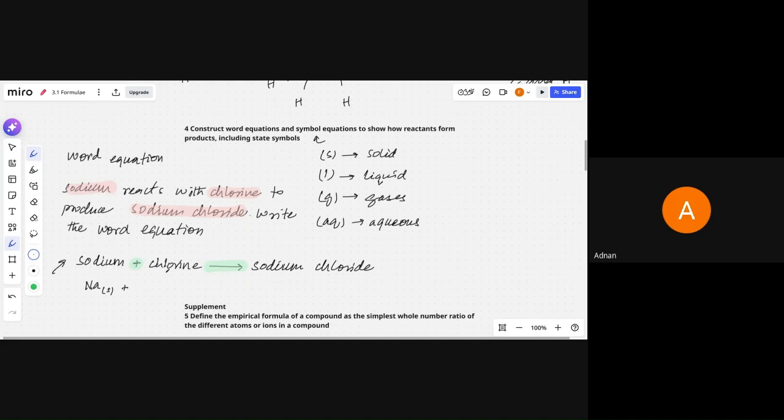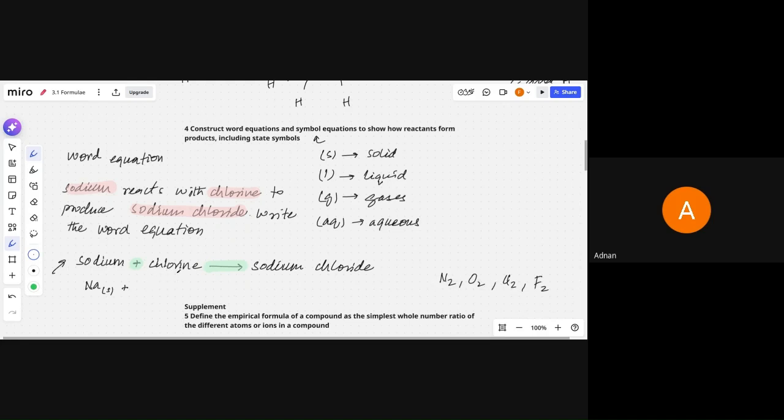Then you will again add a positive sign. For chlorine, we talked about this in our previous lessons on chemical bonding in chapter 2: these are diatomic molecules. These gases, nitrogen, oxygen, chlorine, fluorine, all exist as diatomic molecules, covalently bonded to each other.